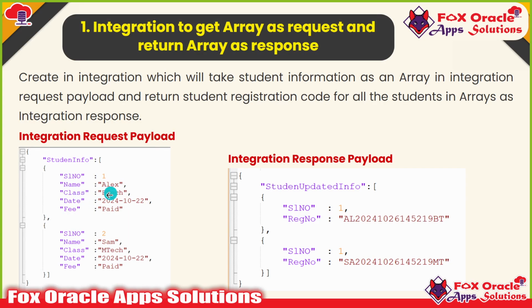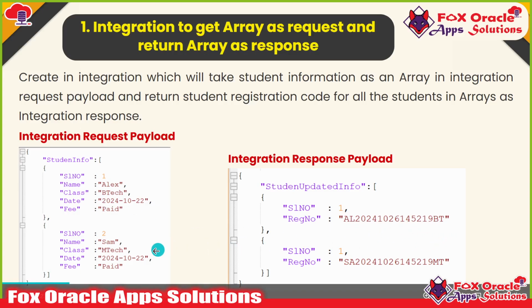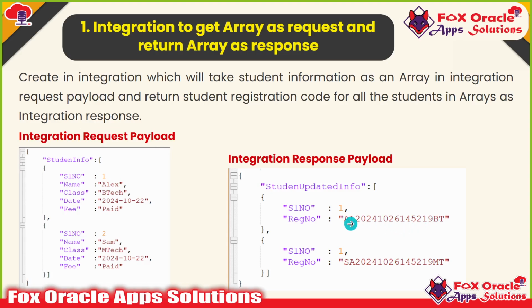Alex is in BTech, so BT is the first two characters for this, and for MTech, MT is the first two characters of the class. Between these, the first two characters and the last two characters, we have a timestamp. You can see 2024, 10th month, 26th, today's date, and 14 is the hour, 52 is the minute, and 19 is the second. That kind of logic we added, and obviously we will achieve this using a JavaScript function.